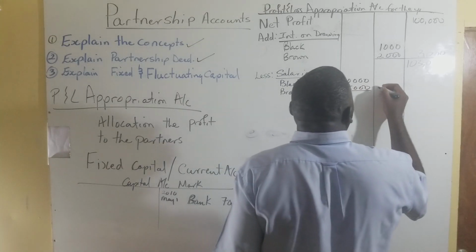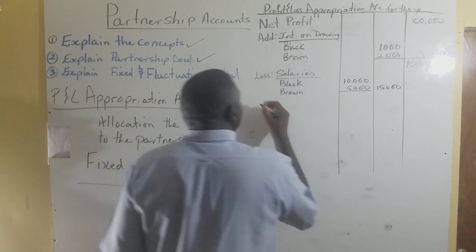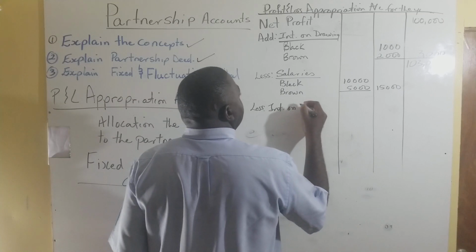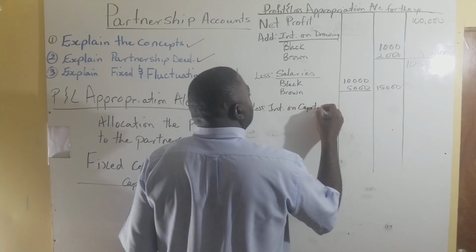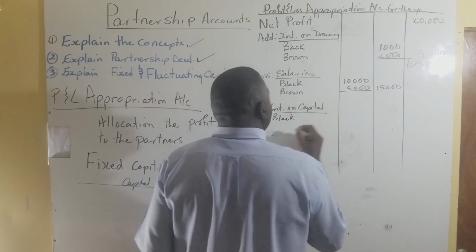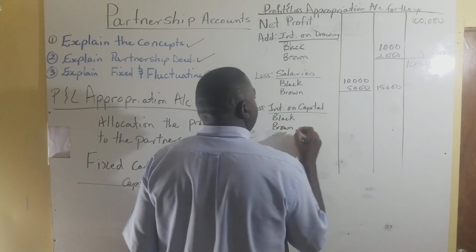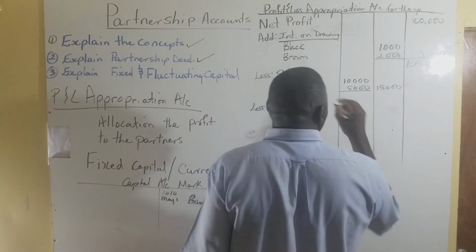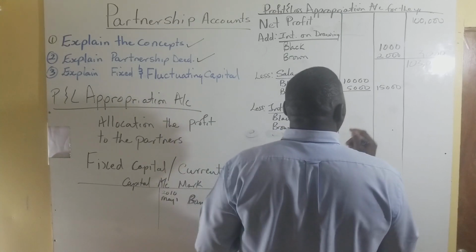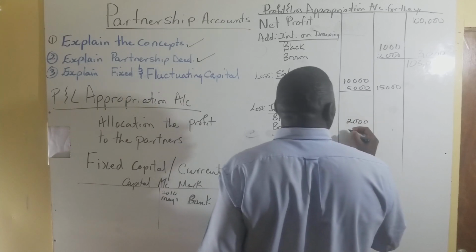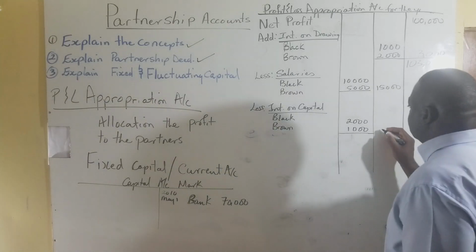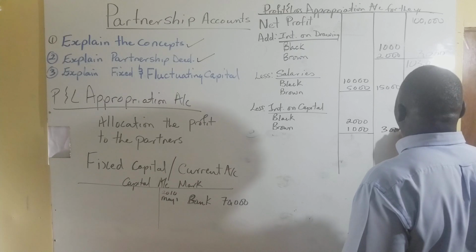So we're going to see a total of $15,000 here. We're also going to subtract interest on capital, right? And let's say Black's interest on capital is 2,000 and Brown's is 1,000. So the total here is going to be 3,000.